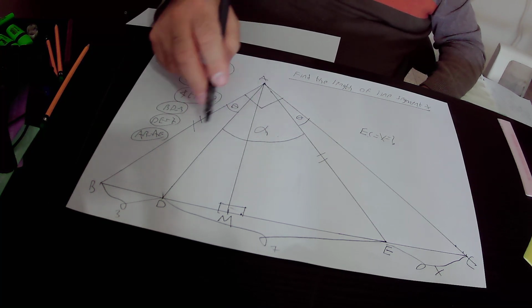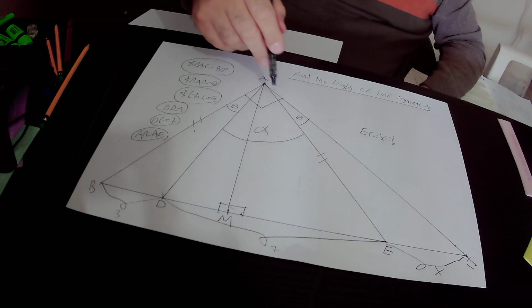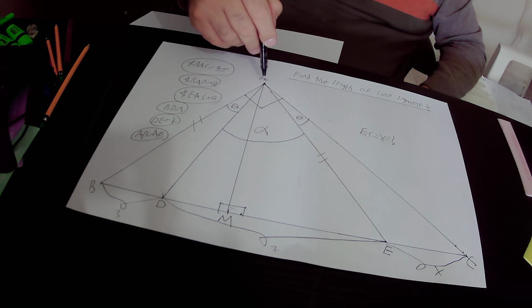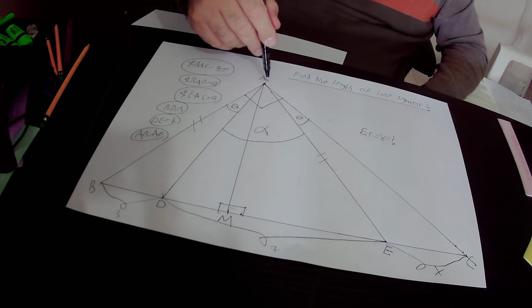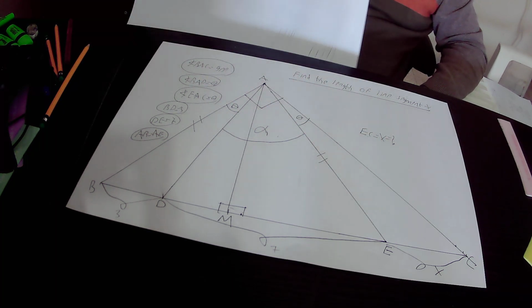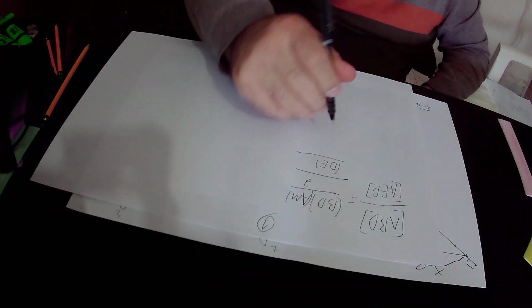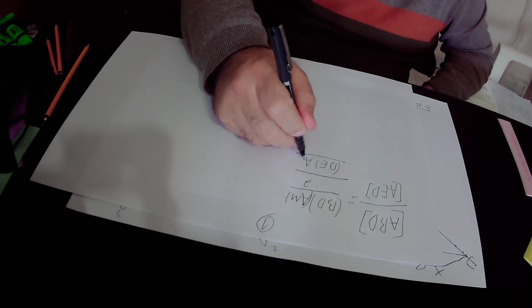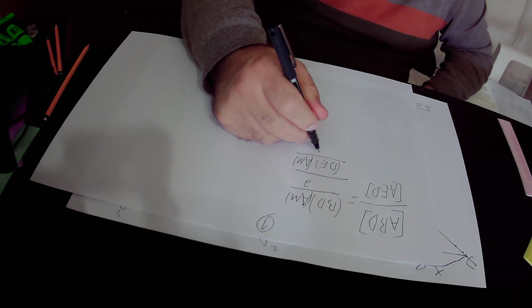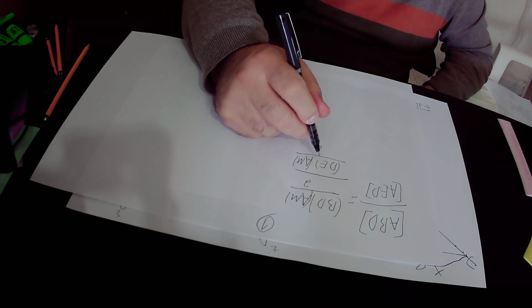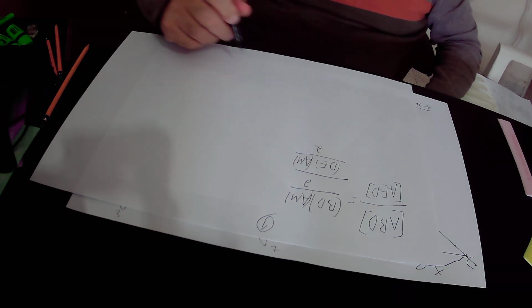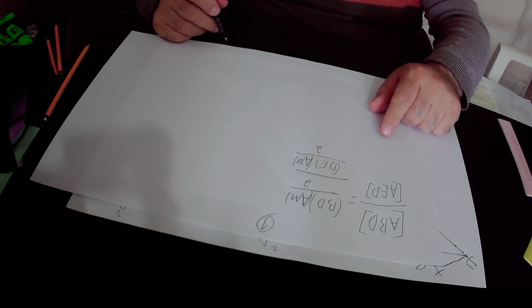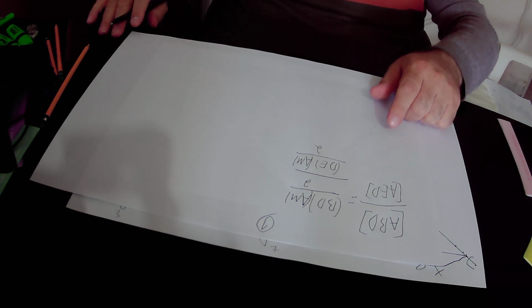The height must create 90 degrees with the base DE, and you see that AM creates 90 degrees with the base DE, therefore the height is AM. Over 2, so DE times AM over 2 is the area of triangle AED.